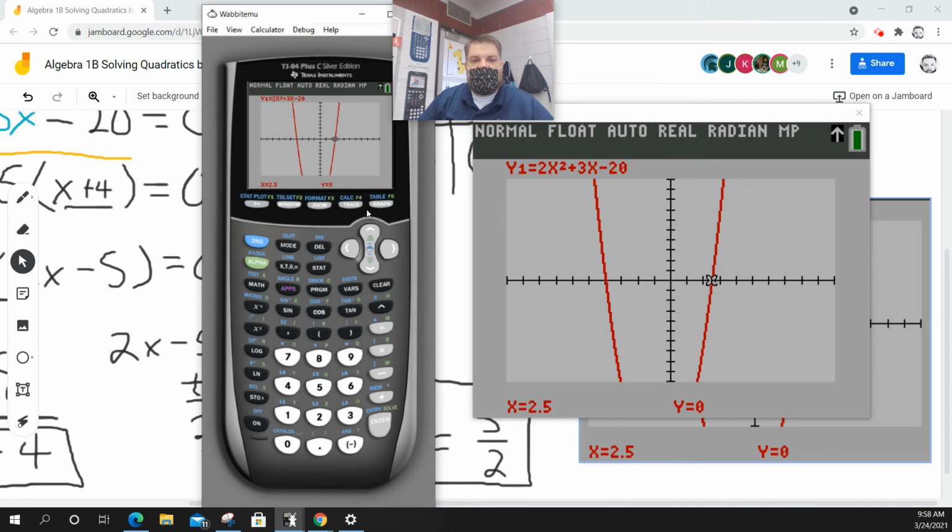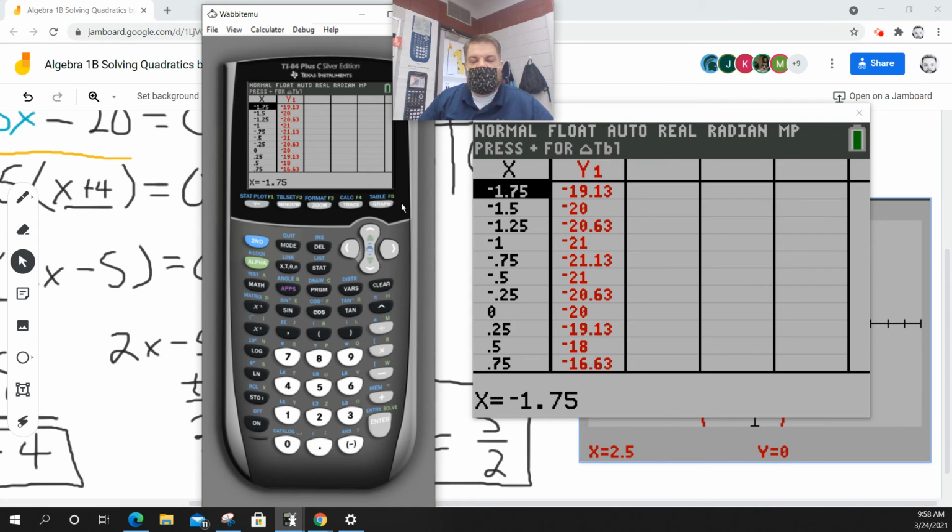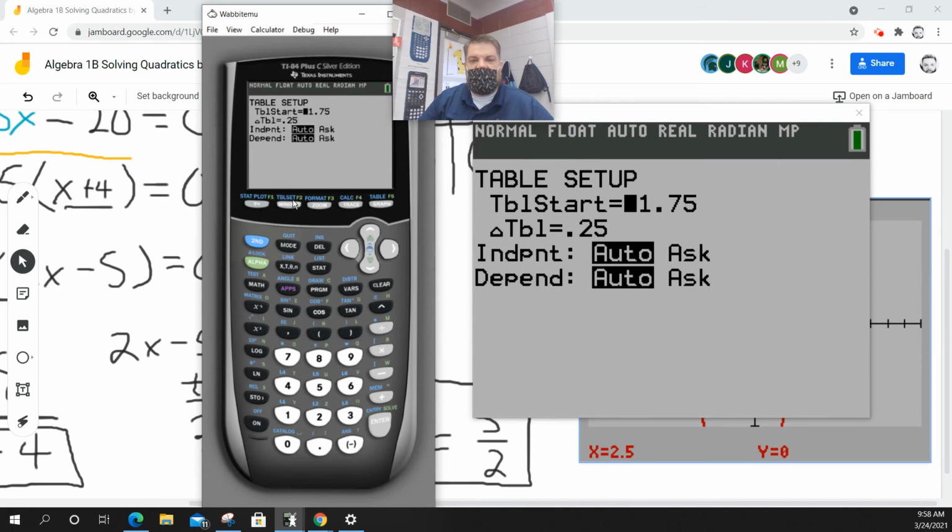But the other thing I want you to see is the tabular data. So if I create a table, I could look at it this way. But what I want to do is I want to hit second table set, and I want to start at negative 4. And I want the increment to increase by 0.5. Now I did the 0.5 thing because I know that 5 over 2 is 2.5.